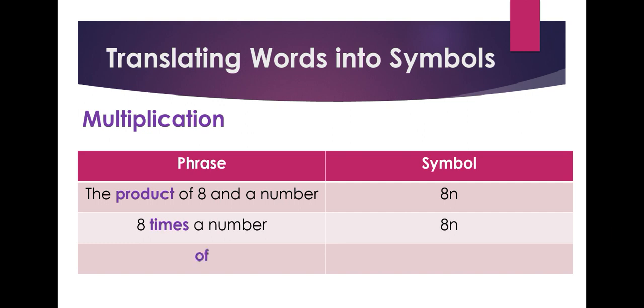And also the word of. The word of also means multiplication. So, 1/3 of a number. The 1/3 is multiplied by the number. Or we can simplify it, multiplying the numerator 1 by n, which is n over 3. Just copy the denominator.